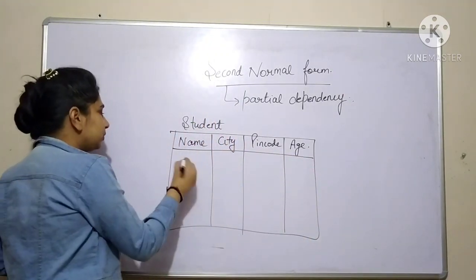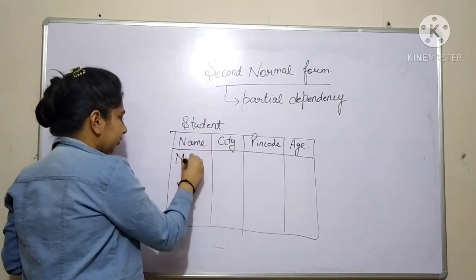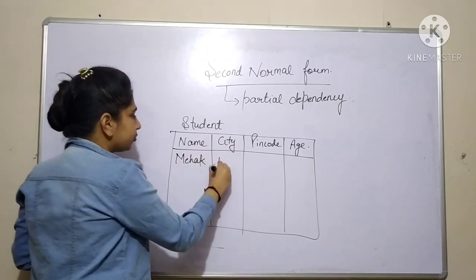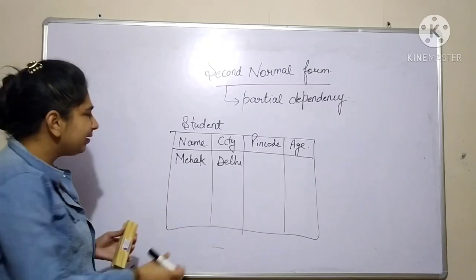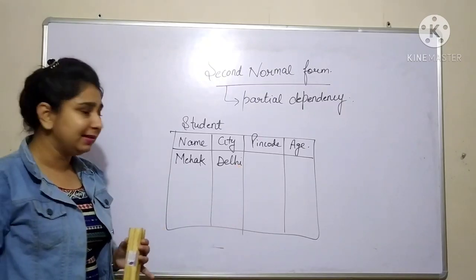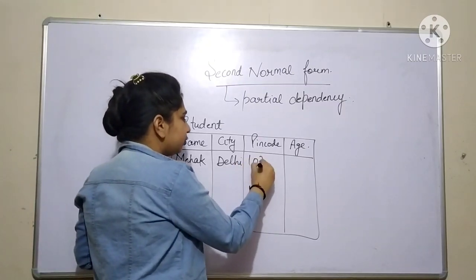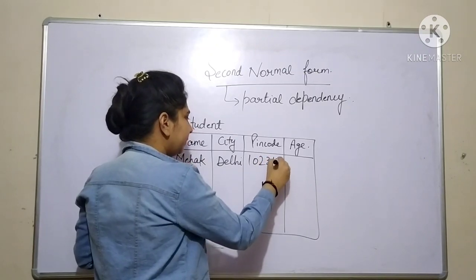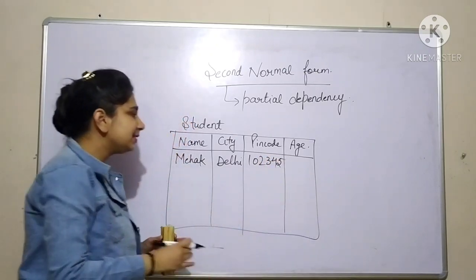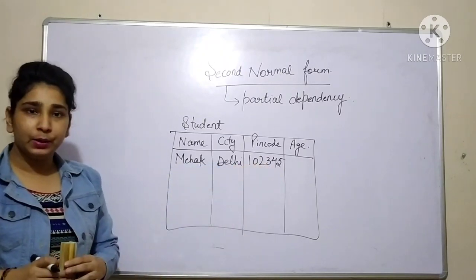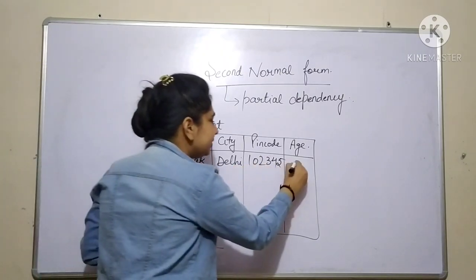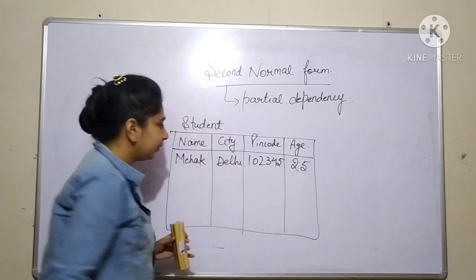Let's suppose name is Mehak. Mehak belongs to Delhi. I am assuming some pin code for Delhi, let's suppose 1023455. I am just assuming it. And her age is 25.